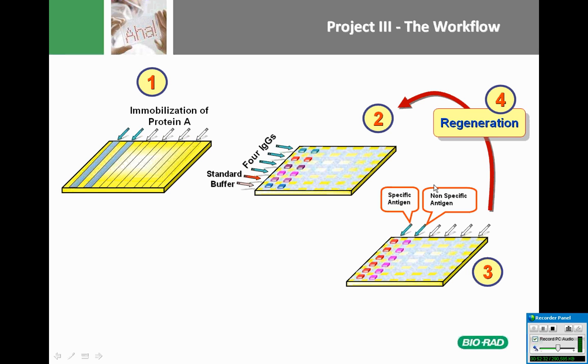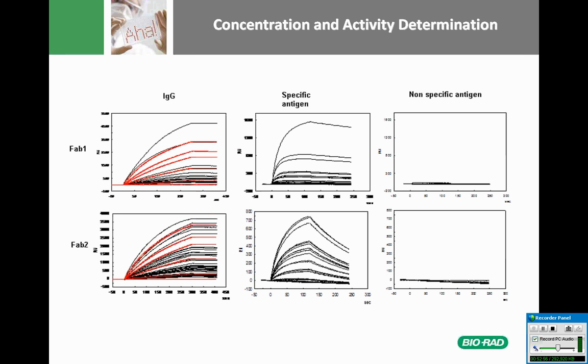And in the 3rd step, the specific antigen was injected over channel 1 in the ligand orientation, and the non-specific antigen was injected over channel 2 to see that there is no cross-reactivity or other things that could happen. So these are the results.